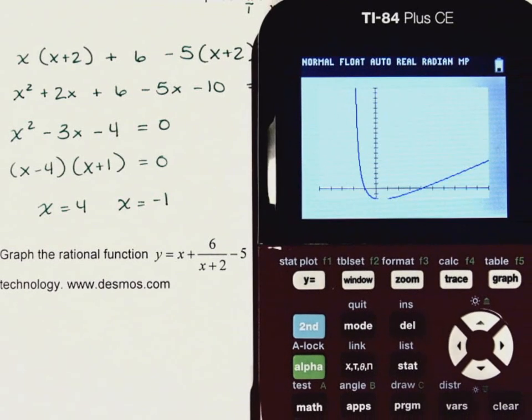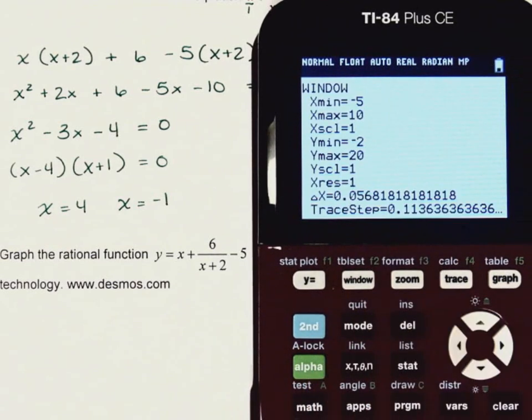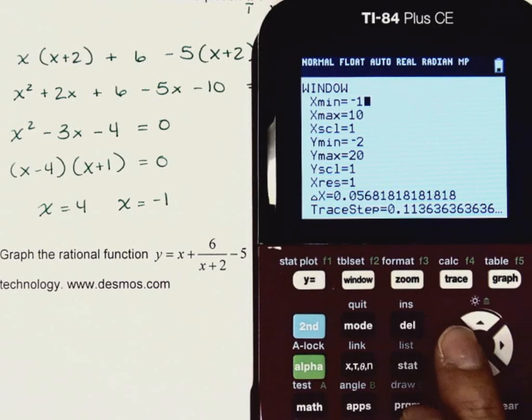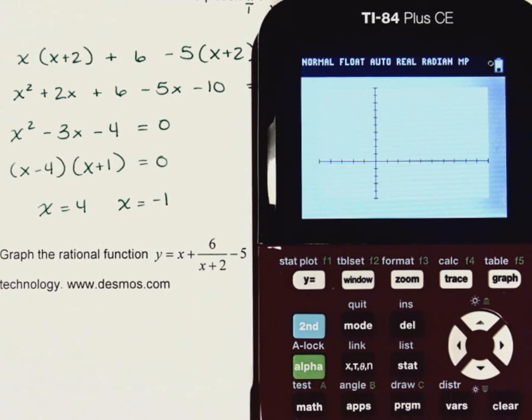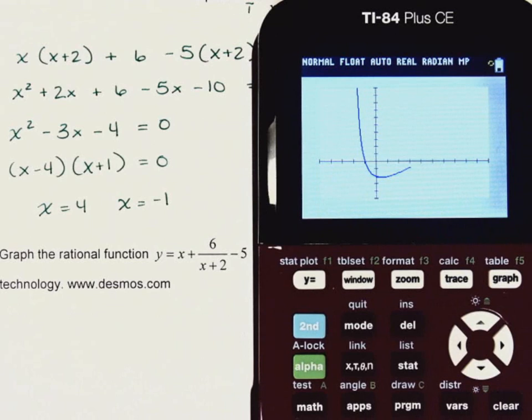Let me get a better window here for us. I guess that minus 5 worked. Let's graph that. Well, that is a funky graph.